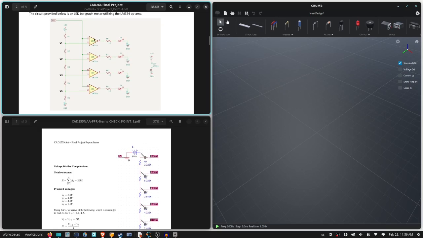Whereas this one, we're only feeding in 3/5 of 9 volts to the non-inverting input, but its inverting input, its reference voltage, is looking for 4/5 of 9 volts. Because the non-inverting input voltage is lower than our inverting or reference voltage, this LED will be off. And so that's all we're doing. At each step, we're comparing what this V-in is to its reference voltage.